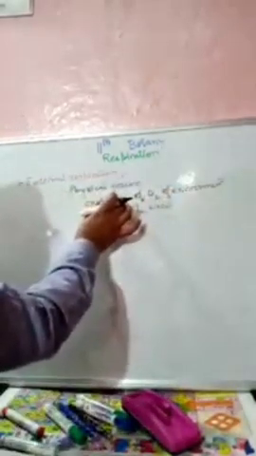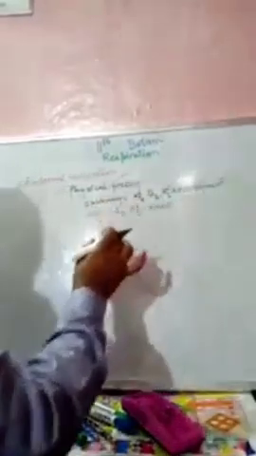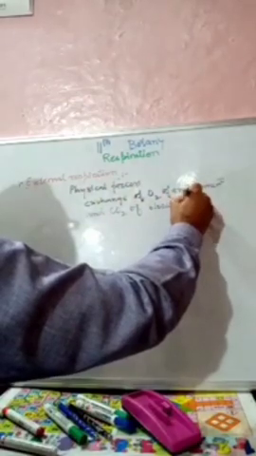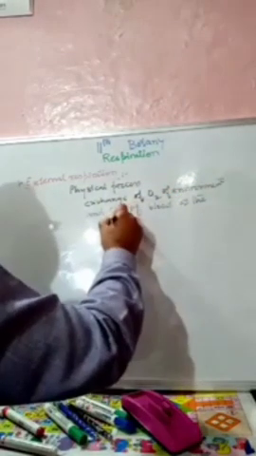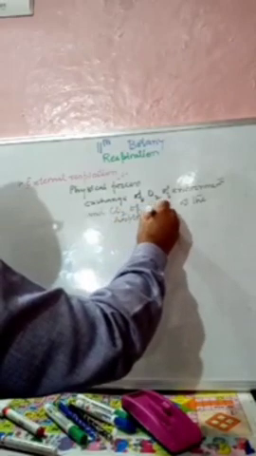So this external respiration is the physical process where there is an exchange of oxygen of the environment and carbon dioxide of the blood. And this exchange of oxygen and carbon dioxide takes place at the respiratory organ. This is first.